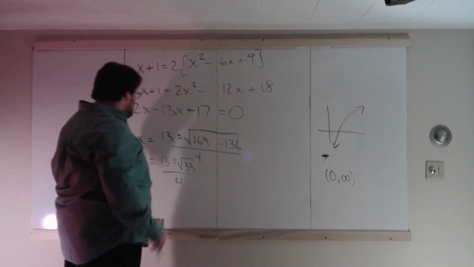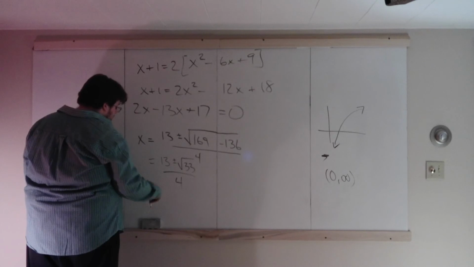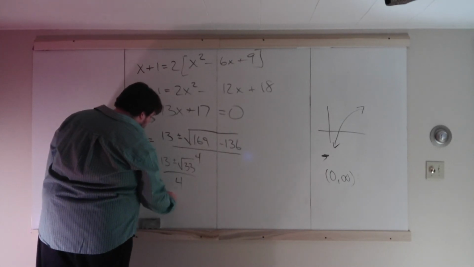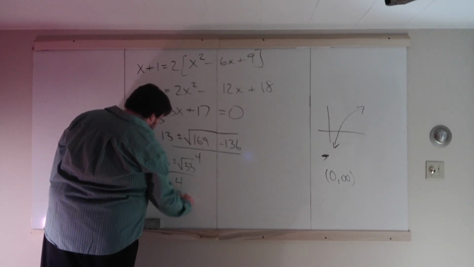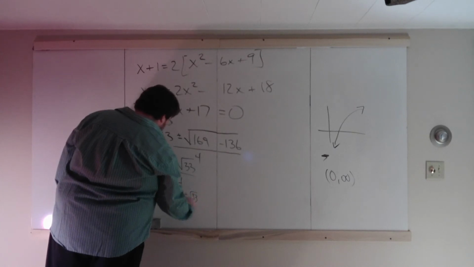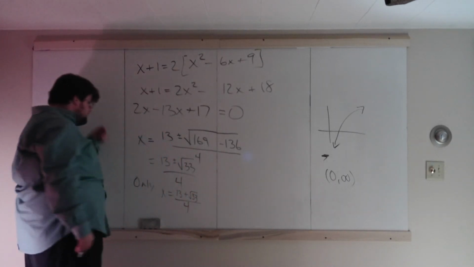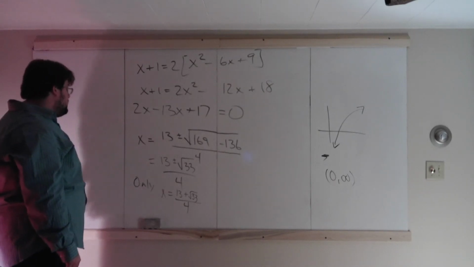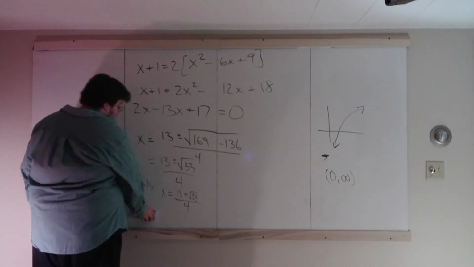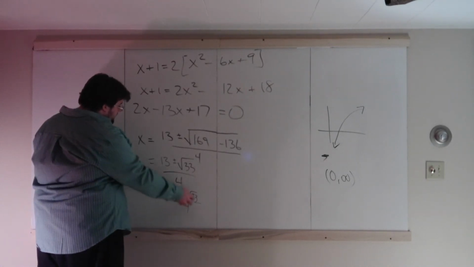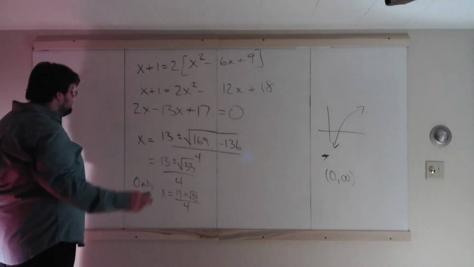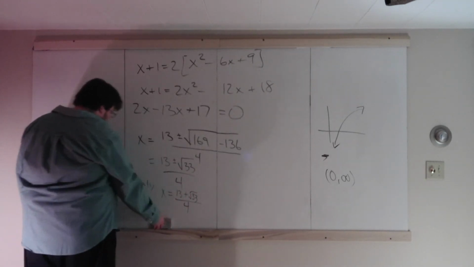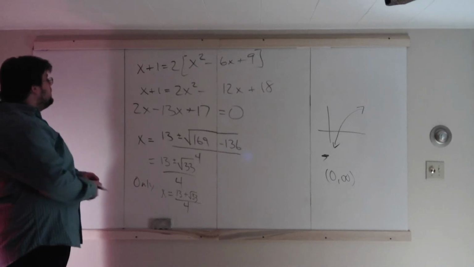So we need that here, and that means all we'll take is the positive of these two, because the other one is going to be forced negative by the x minus 3. Don't worry too much about that. Just take the positive.